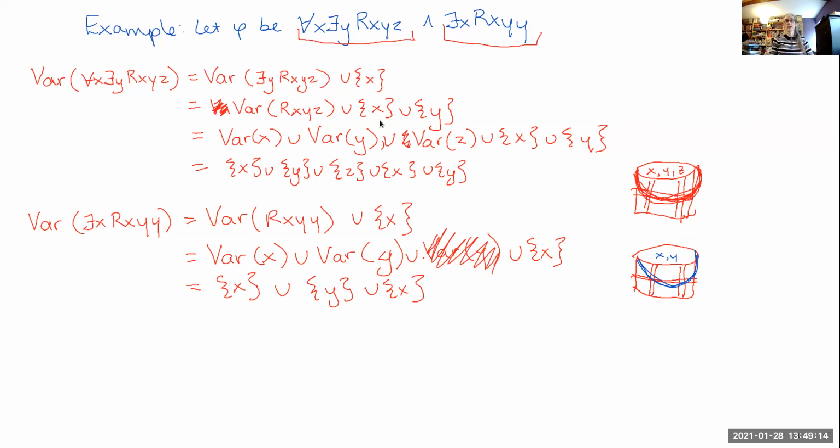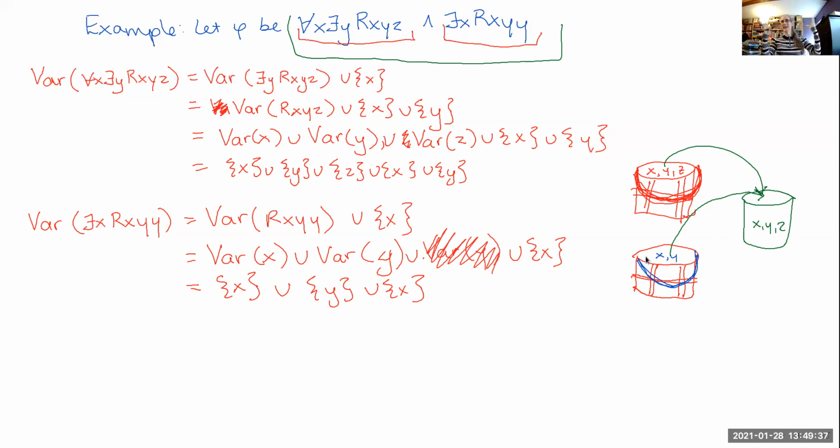Now, in order to get the variables for this entire formula, we would just take everything from this bucket and pour it into this bucket, and everything from this bucket and pour it into this bucket. So this one contains just x, y, and z, because again, once I put x in, putting it in again, I don't get another copy of x, I just get x.